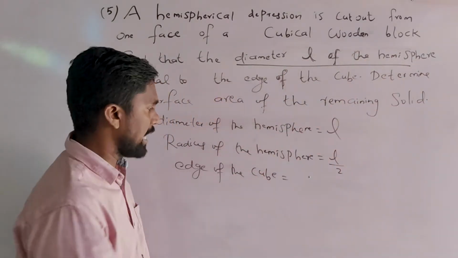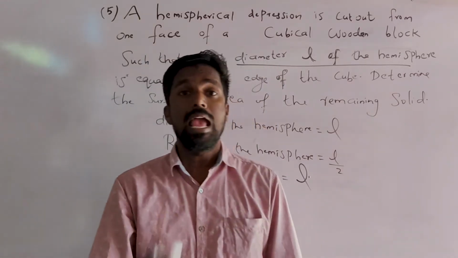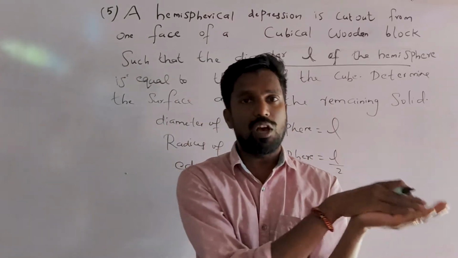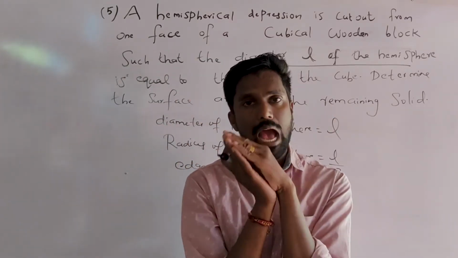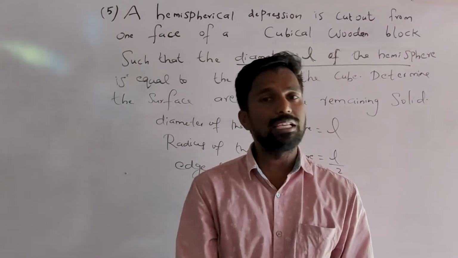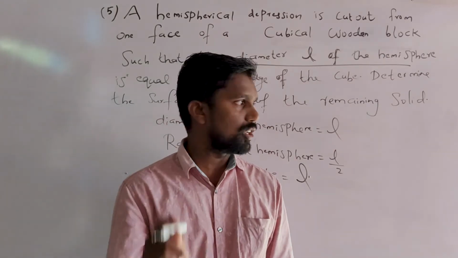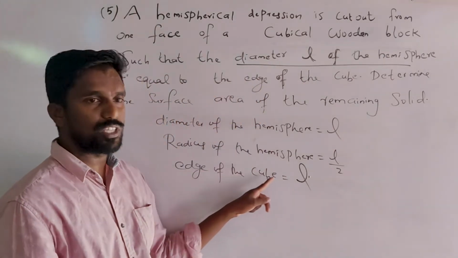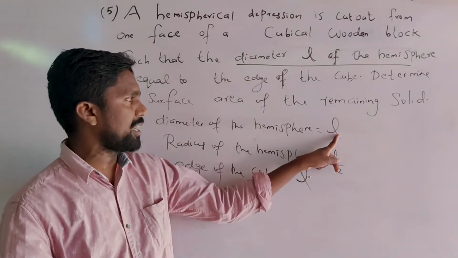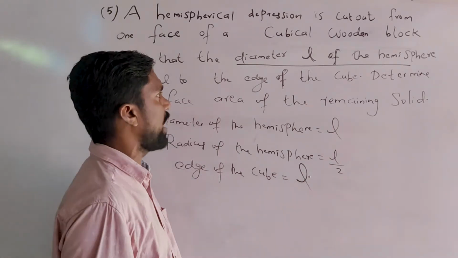That means the edge of the cube is equal to L. If the diameter of the hemisphere is L, then the edge of the cube is also equal to L.